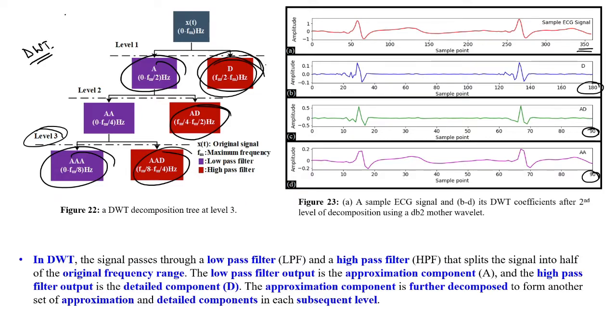Over there, what happens? Suppose you have sample numbers 0, 1, 2, 3, 4, 5, up to say 350 samples. In the A also you will get 350 samples, and in the D also you will get 350 samples.